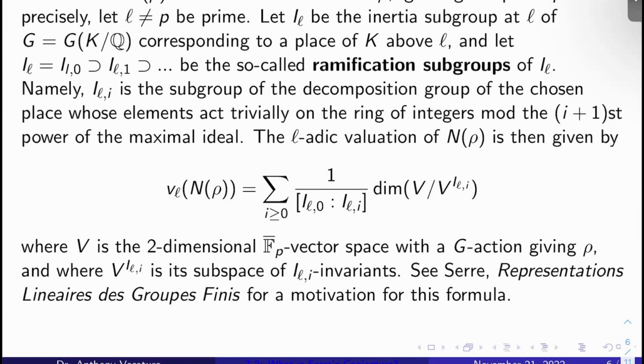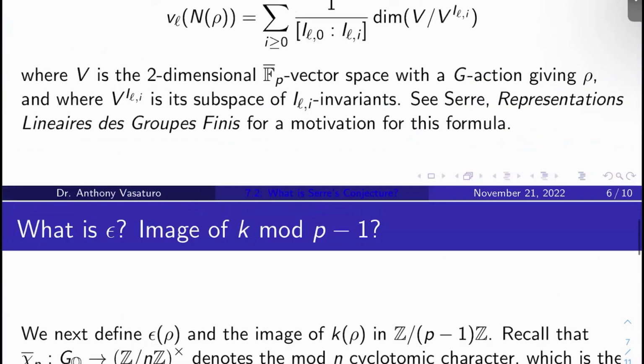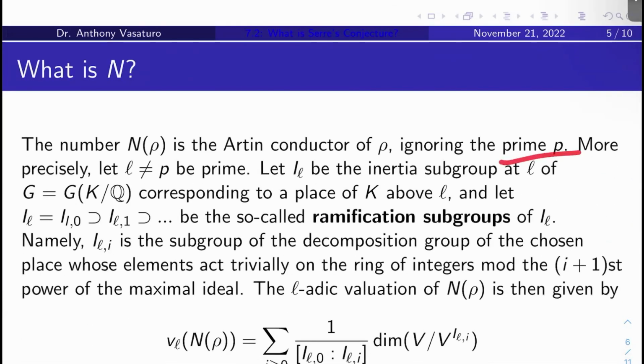And if you want a motivation for this formula, because I'm not going to motivate it, Serre has a paper that does this and proves some of the properties about it. I think also Cassels-Fröhlich does a good job exposing some of the properties of this conductor. Okay, so that's N. So N is just the Artin conductor away from p.